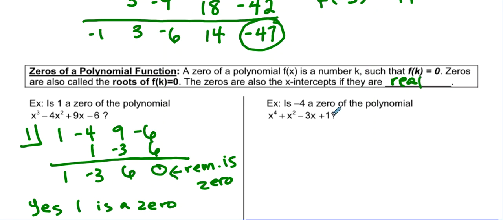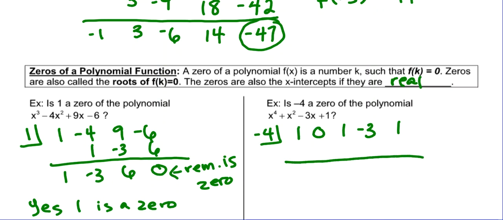Alright, so you should pause it here and test to see if -4 is a 0 of this polynomial. So I'm going to put -4 in the box and line up my coefficients. 1, I'm missing x to the third, 1, -3, and 1. Bring it down and then multiply and add. Multiply and add.